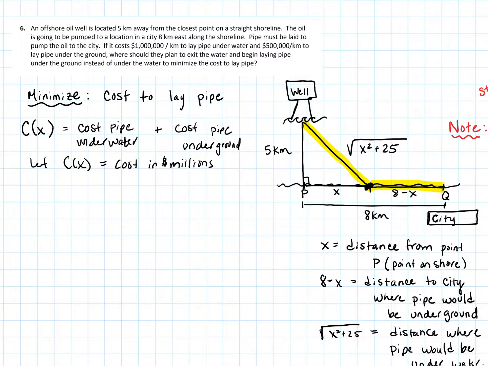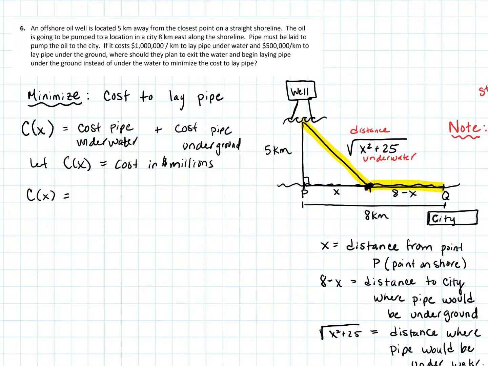Okay, so C of x, the cost to lay pipe under the water, well, the distance under the water is this square root of x squared plus 25. So this is the distance underwater. Well, each kilometer underwater costs $1 million.